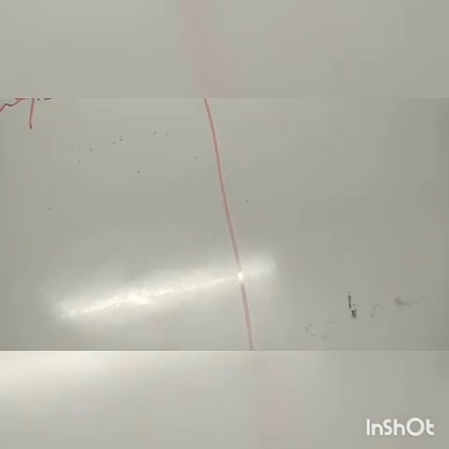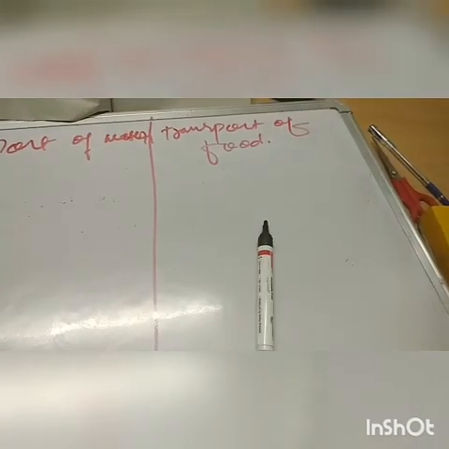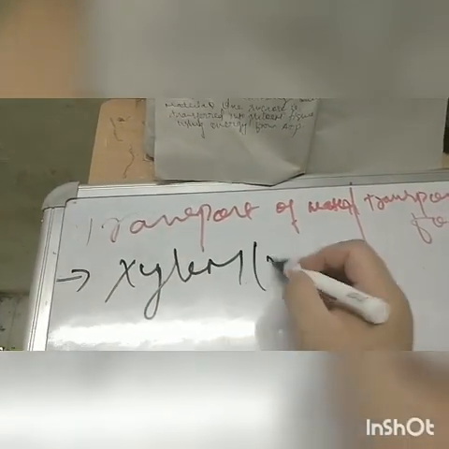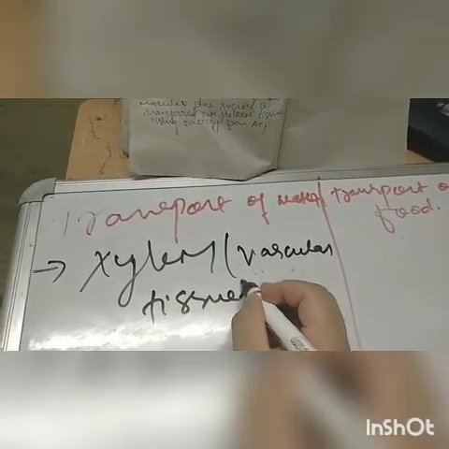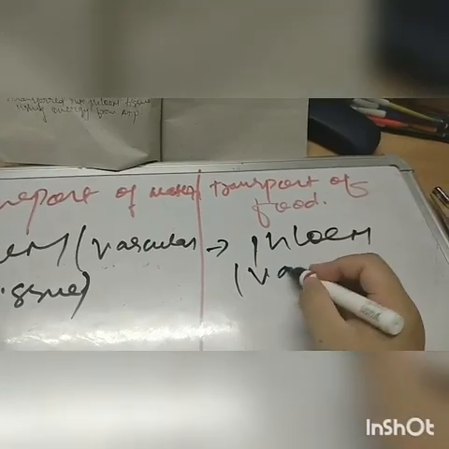Transport of water, transport of food. Number one, where does it take place? It takes place in xylem. What is xylem? Xylem is a vascular tissue. In transport of food, where does it take place? It takes place in phloem, which is a vascular tissue.